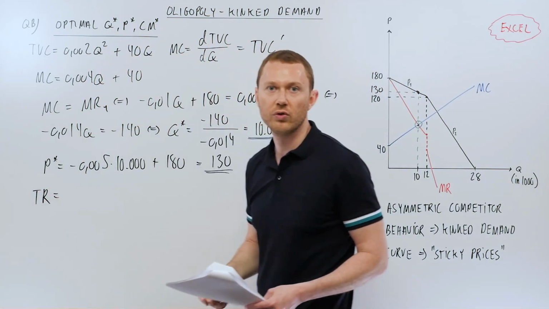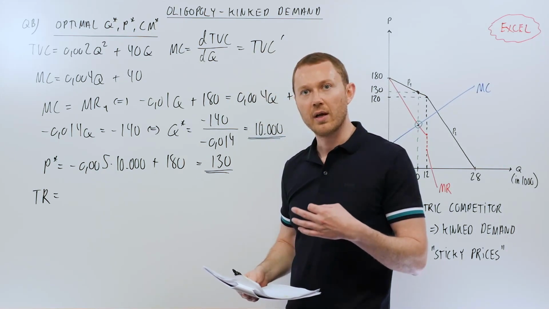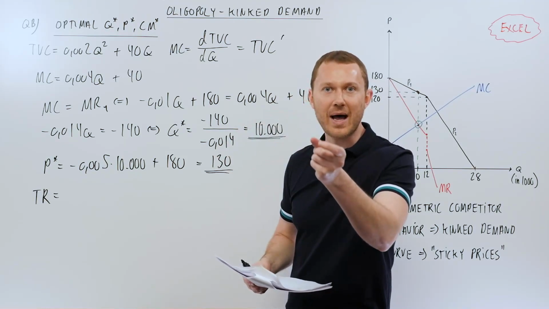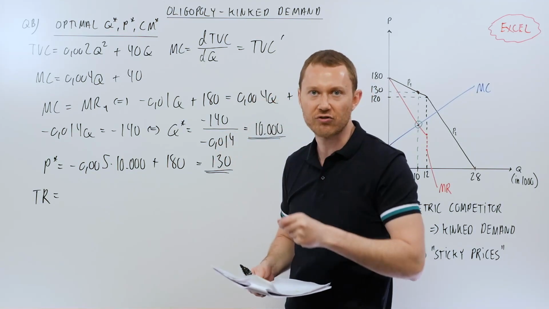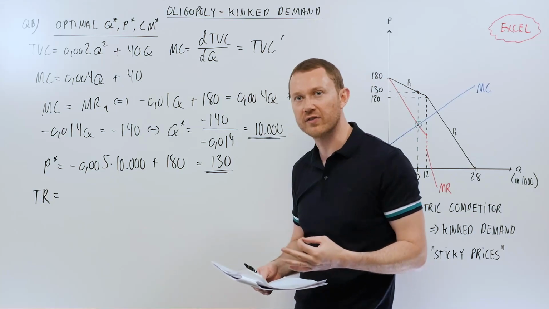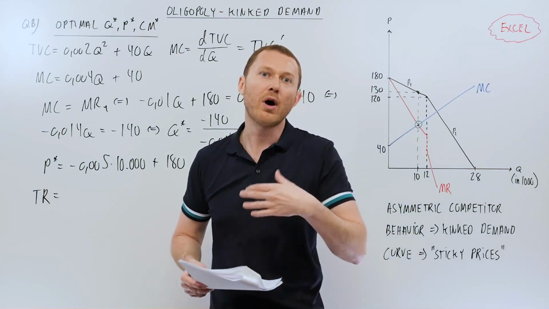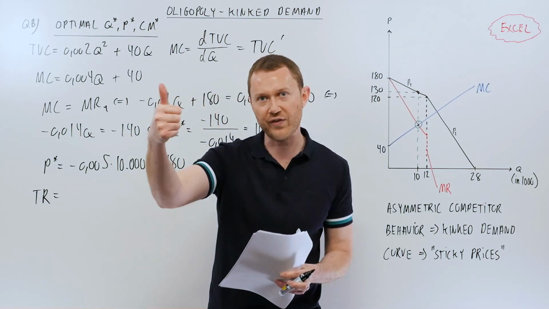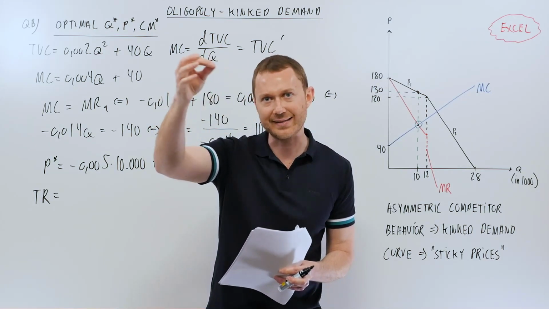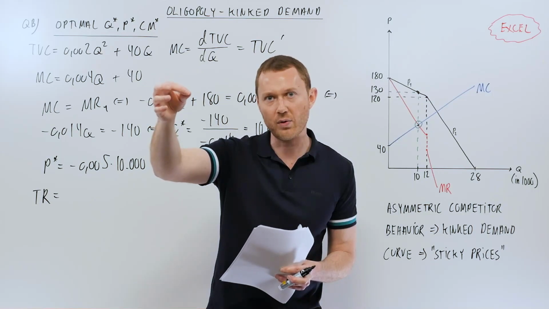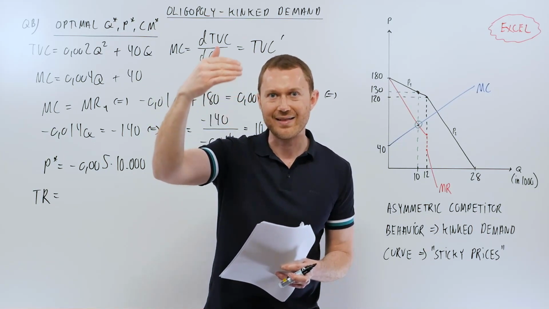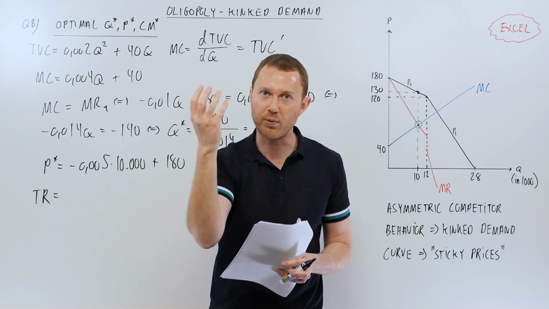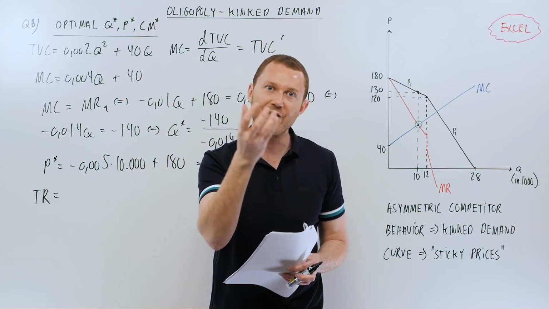Then we're supposed to calculate the marginal contribution margin. So that is total revenue minus total variable cost. You have two concepts to show how much the company earns at your exam. The one is profit, that is TR minus TC, and the other one is contribution margin, that is TR minus TVC. So the difference between profit and contribution margin is the fixed cost.